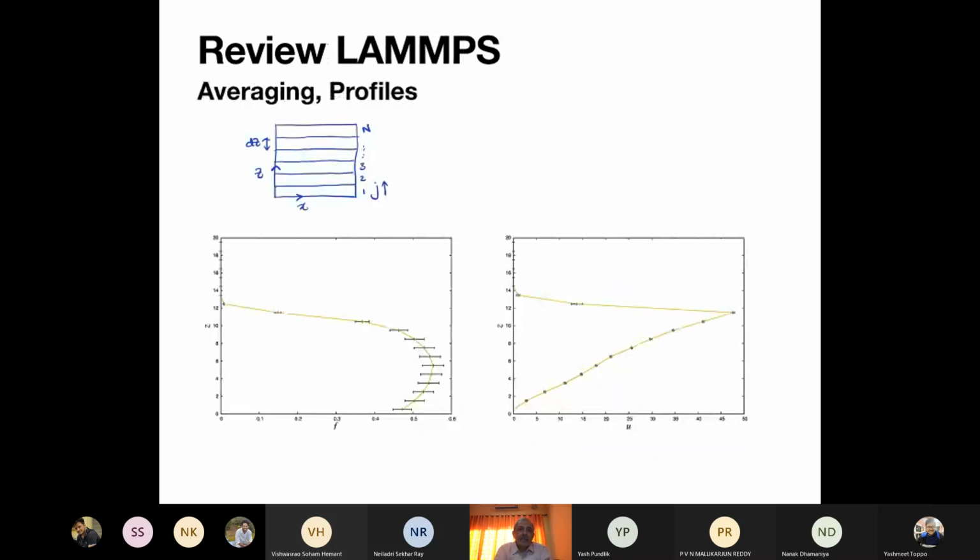And if we do the binning and all these kind of things using that program cg.c, then you can get the one on the left is the volume fraction profile, and the one on the right is the velocity profile. So you can get all sorts of very detailed information for the flow.